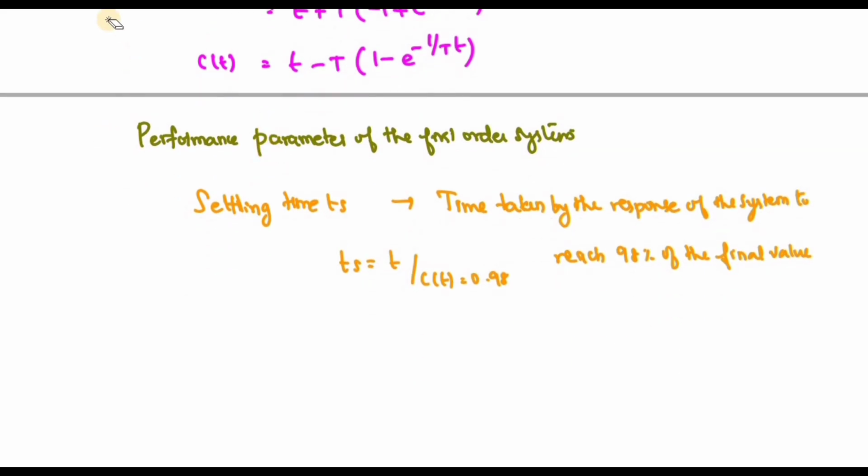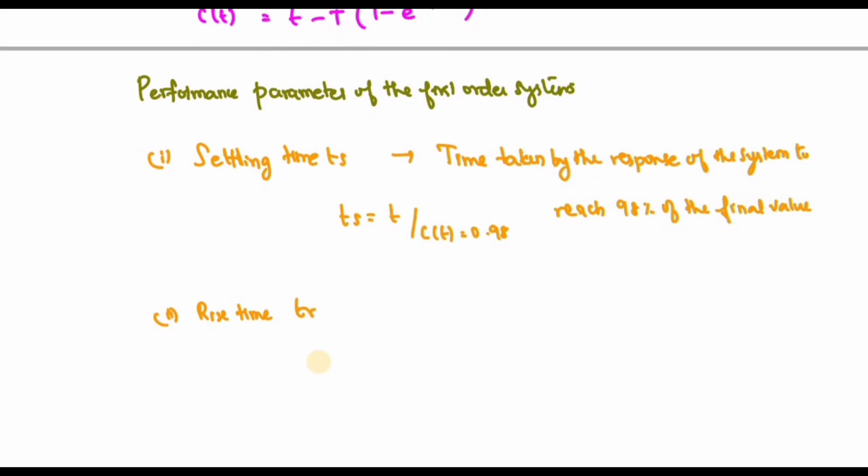Next one is, this is my first performance parameter, and the second one is rise time. It's the time taken by the response of the system to reach 90% of the final value, from 10%.